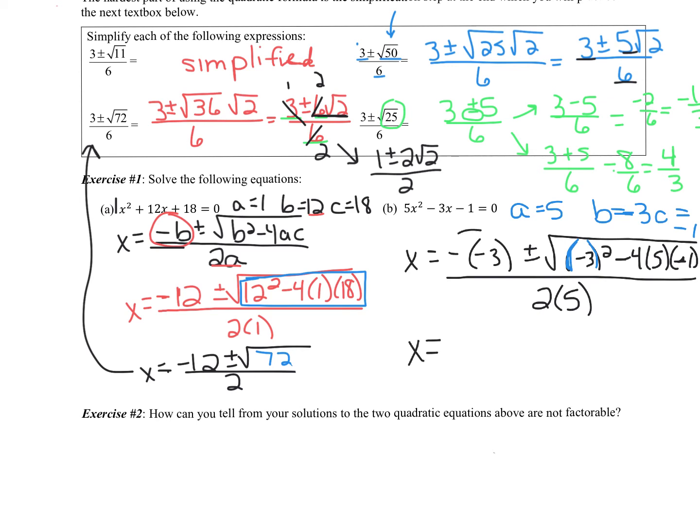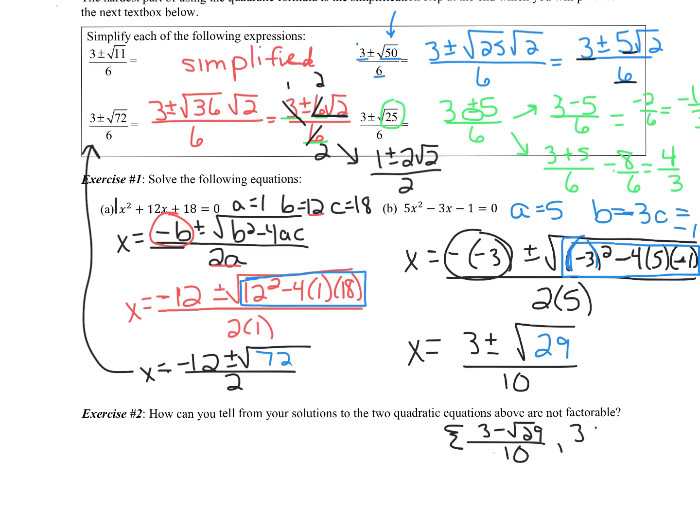Simplifying, I get positive 3. When I type in this expression, that's going to give me a 29, right? I'm typing it exactly as I see it in my calculator, and then over 10. So my two answers here are 3 minus radical 29 over 10, and 3 plus radical 29 over 10.